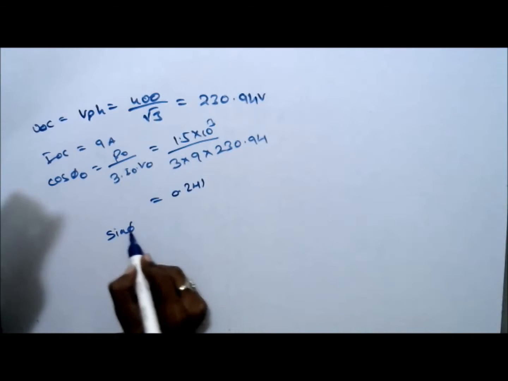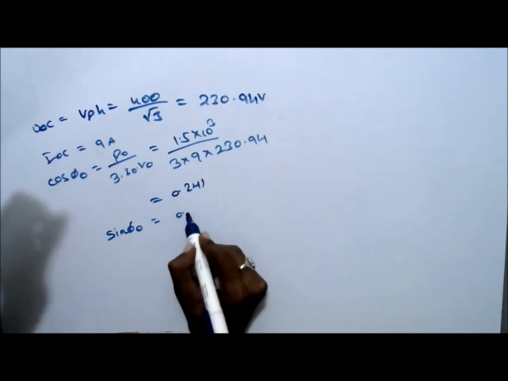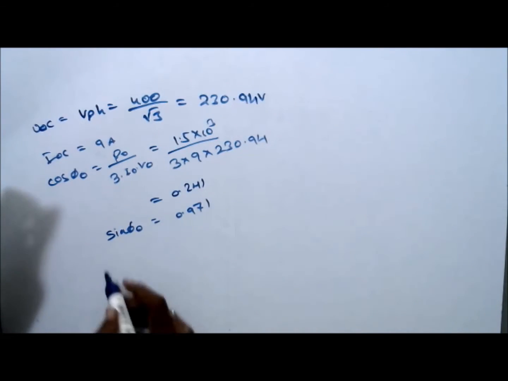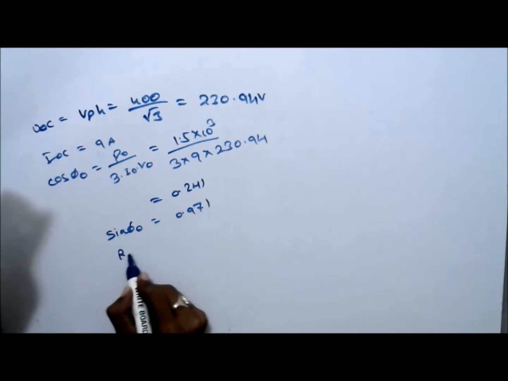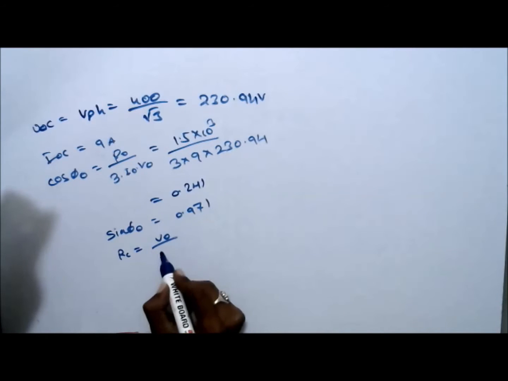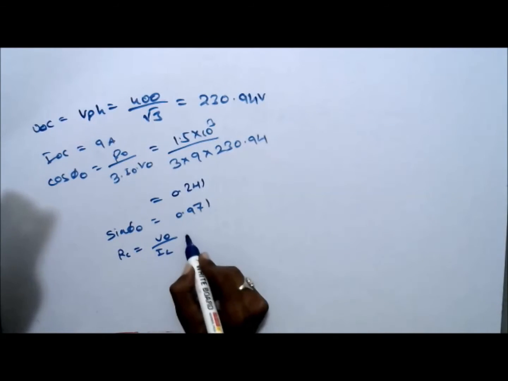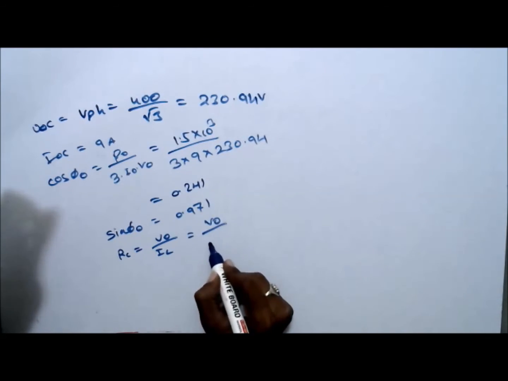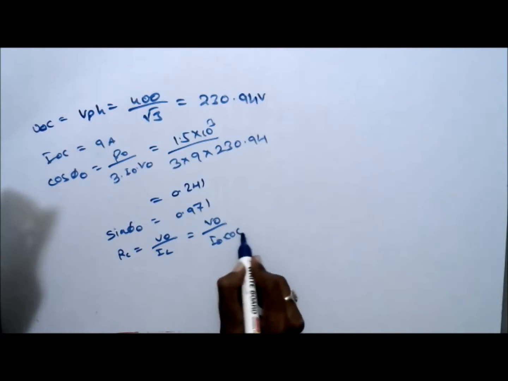So find sin φ0. Sin φ0 is around 0.971. Now find Ic, Rc. Rc is equal to V0 divided by Ic, that is equal to V0 divided by I0 cos φ0.